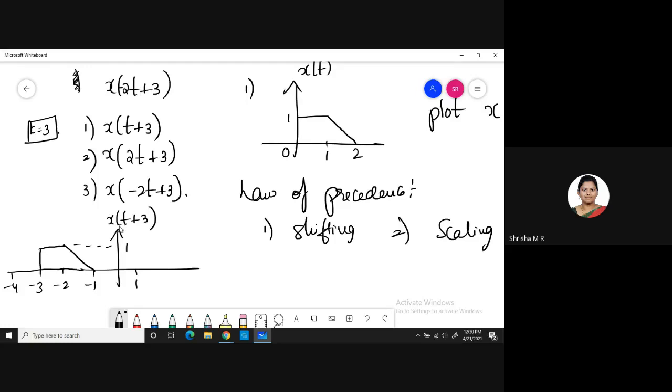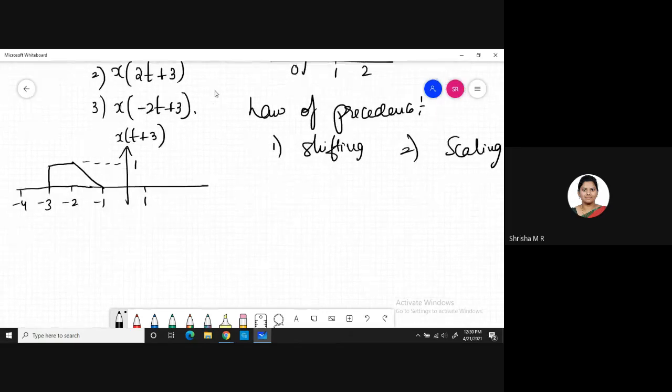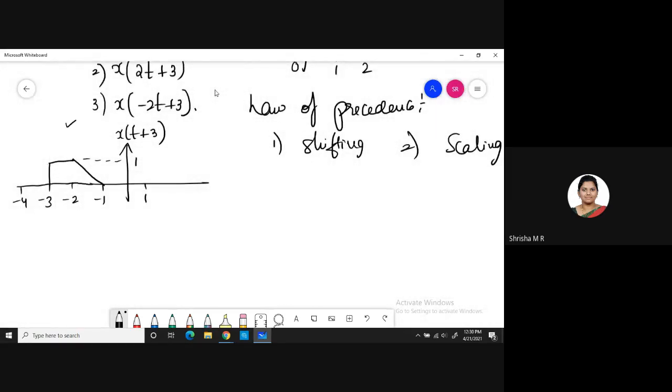So we have plotted x of t plus 3. Okay. So next we'll do scaling. X of 2t plus 3 we will do. So this is our x of t plus 3. How will x of 2t plus 3 look? How will this look?